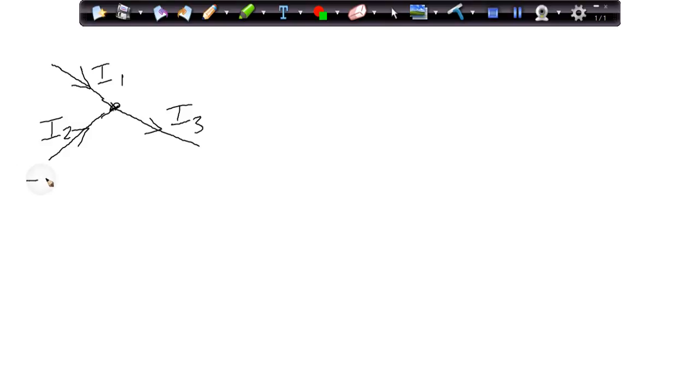So you would write that I1 plus I2 minus I3 would equal 0. Now obviously, if you were to rearrange this, it would probably seem a little bit more sensible to write I1 plus I2 equals I3.